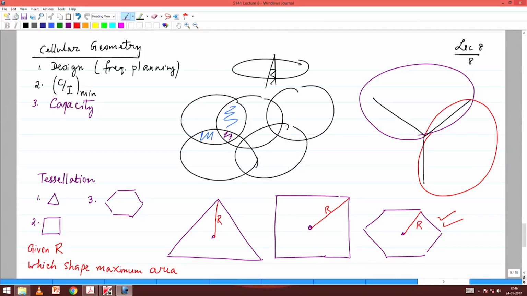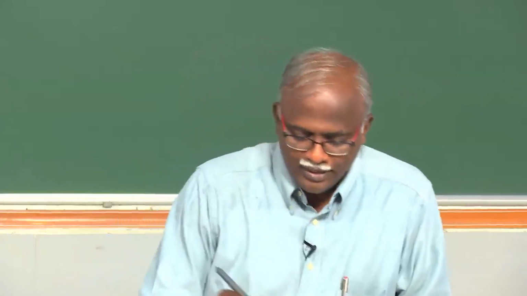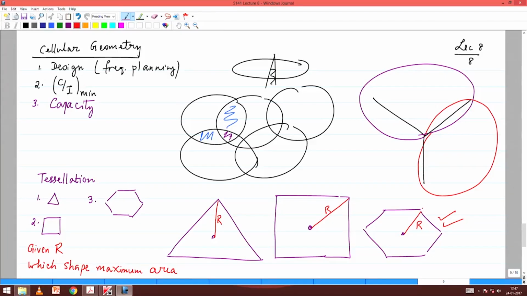The hexagon is a regular shape and gives you a very nice tessellation. It also maximizes the area for a given distance between the base station and the farthest point, and it is easy to see that it's a reasonably good approximation to a circle, which will be the radiation pattern if you were to do omnidirectional radiation.